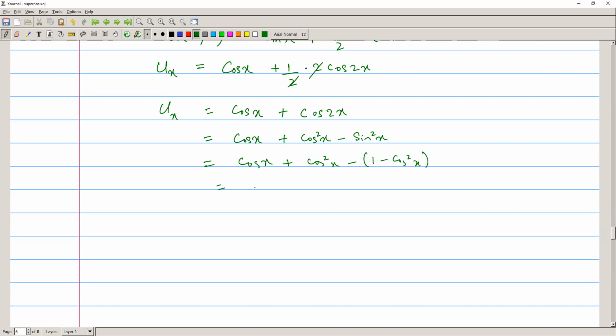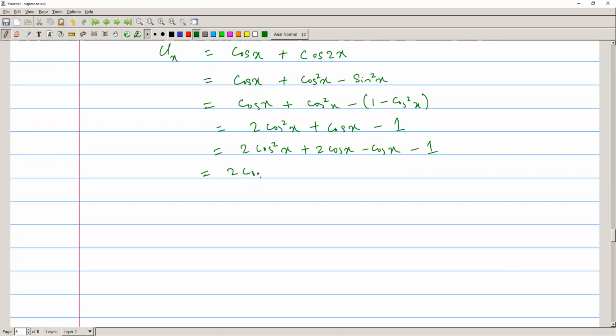So it will be 2 cos² x plus cos x minus 1, right? So by breaking the middle term, we can write it like this: 2 cos² x plus 2 cos x minus cos x minus 1, right?